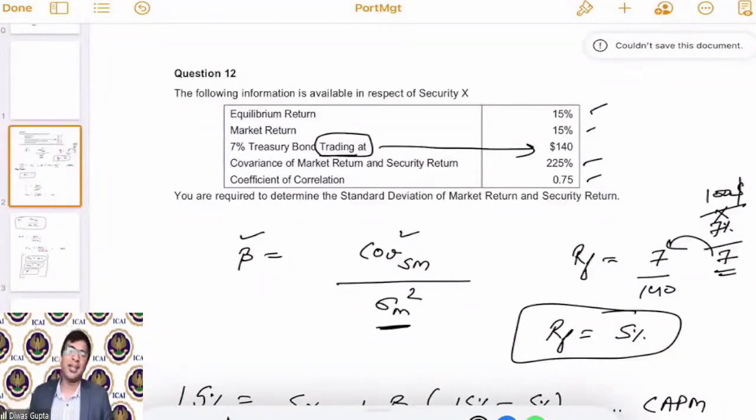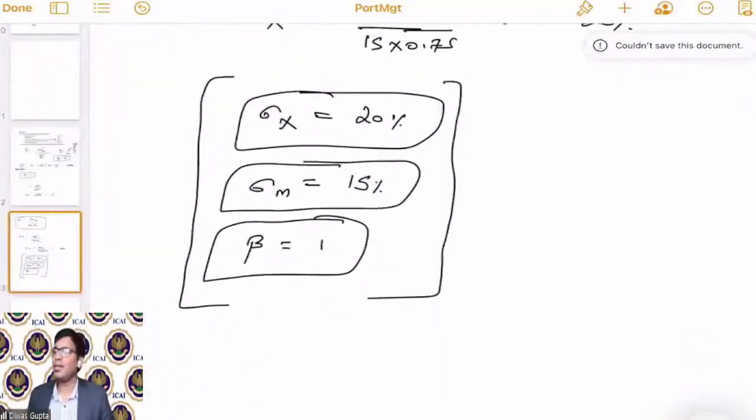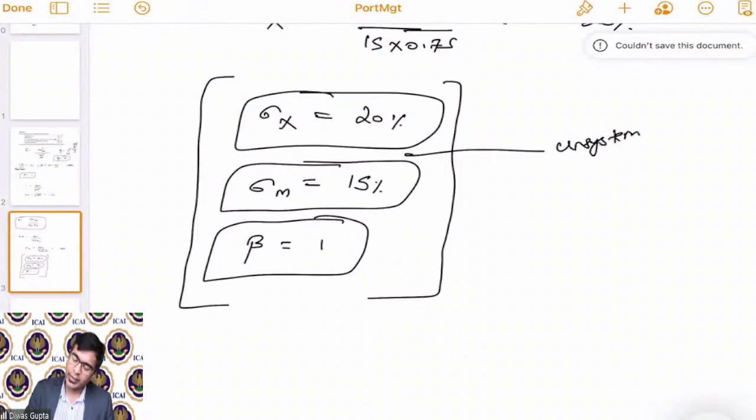Naveen is saying unsystematic risk. Naveen, bang on the point. I think you have understood the entire concept, because the only difference between standard deviation of X and standard deviation of market is unsystematic risk. I hope now it is clear to all of you. See, beta equal to 1 does not mean that there is no unsystematic risk.